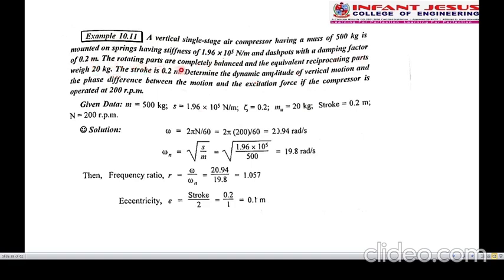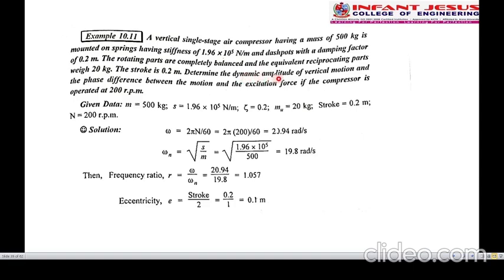The rotating parts are completely balanced and the equivalent reciprocating parts weigh 20 kg, so small m is 20 kg. The stroke is 0.2, so L is 0.2.